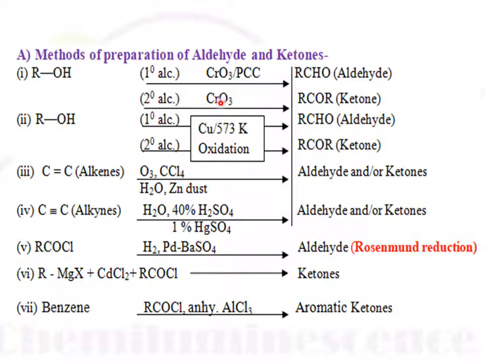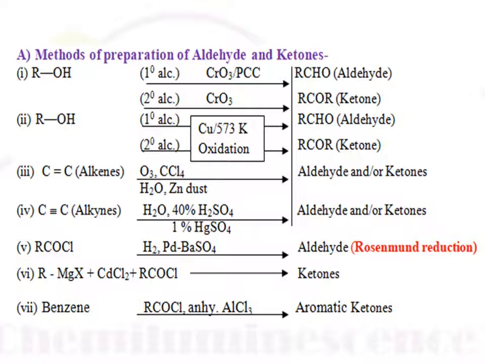Secondary alcohol on oxidation with chromium oxide gives ketone. Similarly, primary alcohol on oxidation with copper at 573 Kelvin gives aldehyde, and secondary alcohol on oxidation with copper at 573 Kelvin gives ketone. That means primary alcohol forms aldehyde on oxidation and secondary alcohol forms ketone on oxidation.